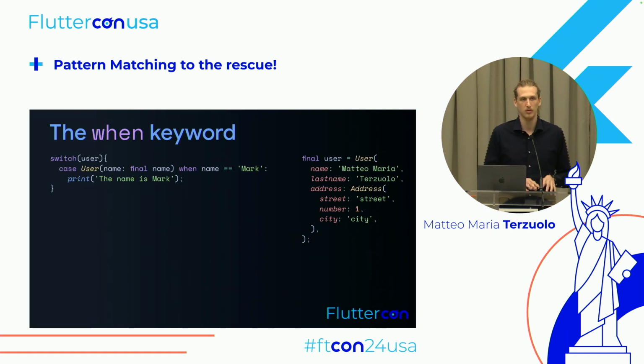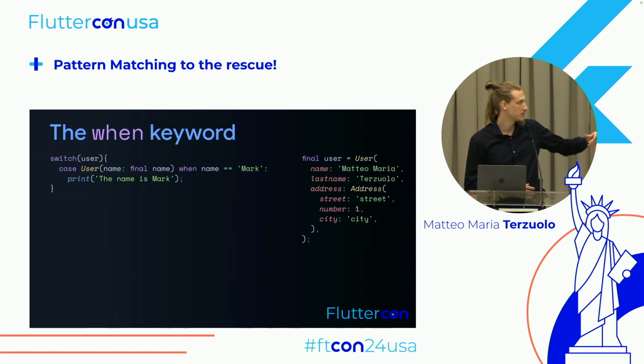If we want to keep the name of the property that is already defined, like in this case, name, we can also type only user, parentheses, colon, final, name, and we don't have to repeat name, final name.